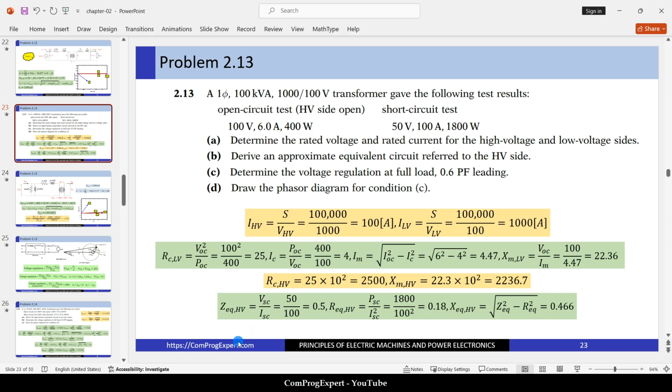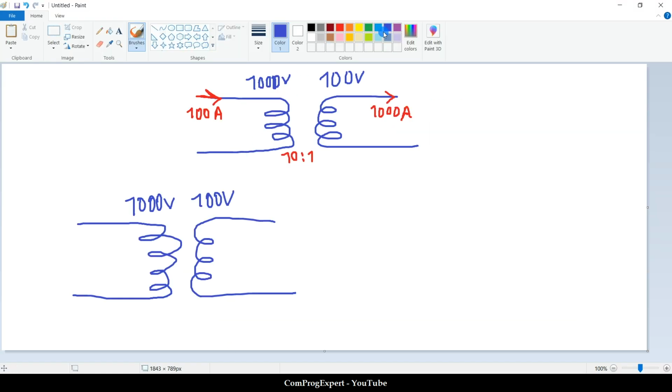Okay, so here we connect the voltage source here, V open circuit, the value of the current, I open circuit, is equal to 6 amps. The value of the voltage for the open circuit test is 100, equal to the rated one here.